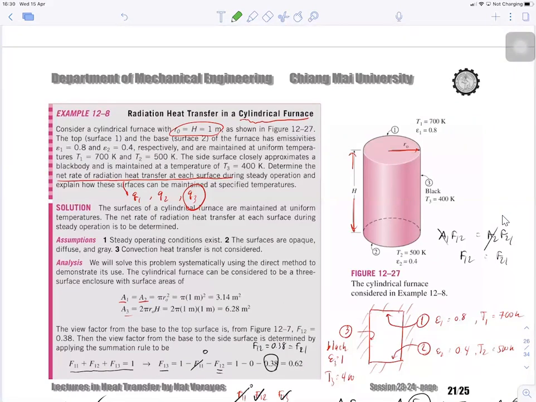You can read it in your own time if you're interested, but because it's about the insulation of radiation, you should know about it, okay. And the second part of the chapter, which has not been taught but you should know about, is the boiling heat transfer.